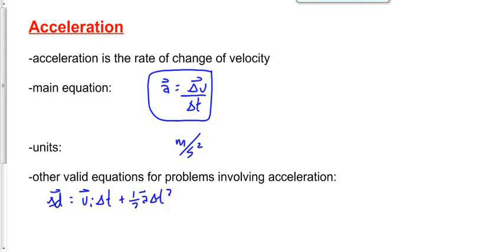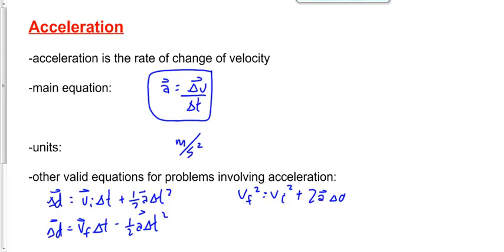Now, there's another one that looks almost the same as that. You've got to be really careful on these, actually. Delta D is equal to VF t minus 1/2 a t squared. VF stands for final velocity, good. Here's another one. VF squared is equal to VI squared plus 2 a delta D. What does VI stand for there?